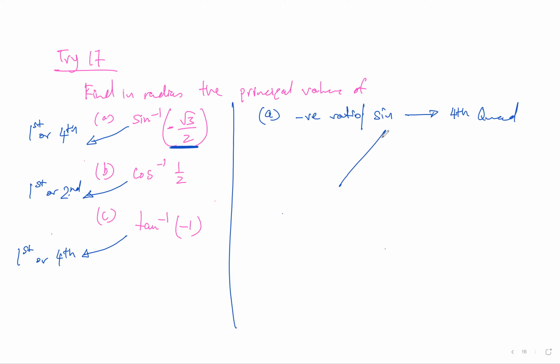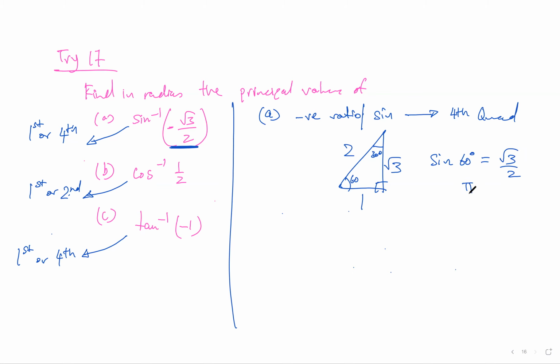If you can recall, this triangle is 2, 1, square root 3. O over H, so sine 60 is equal to square root 3 over 2.